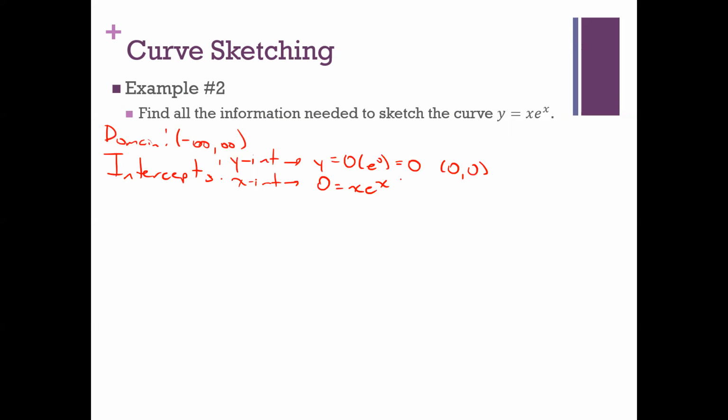I have two things multiplied together equals 0, so I can boil this down into x equals 0 and e to the x equals 0. One of those is fine, but we didn't learn anything new. E to the x equals 0: how do you solve that? If you take a natural log of both sides, I get x equals the natural log of 0. What's that? That is nonsense. So the only intercept we have is the origin. Okay, we got domain, we got our single intercept again. What else?